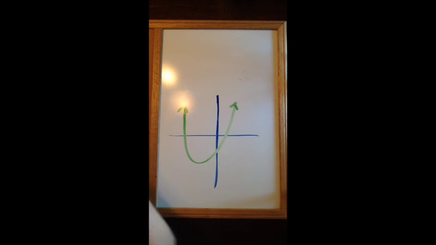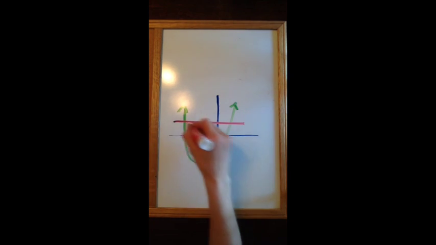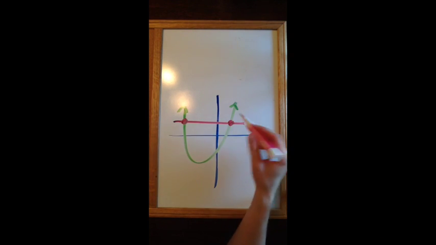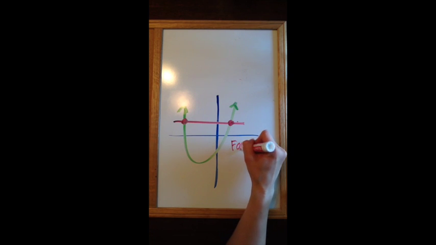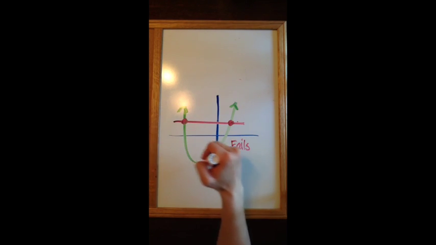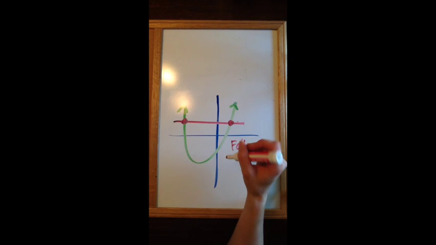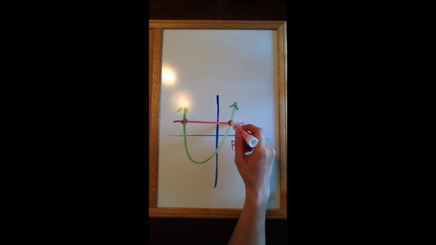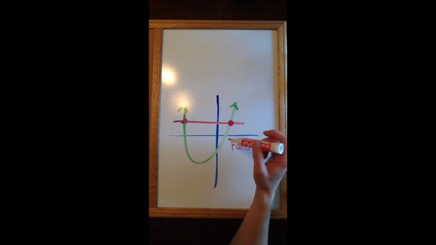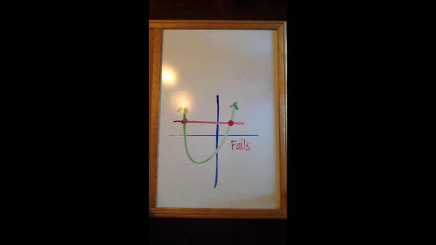Now, if I run the horizontal line test on it and draw a horizontal line, this pink line touches the green graph twice. So it fails the horizontal line test, which means that this parabola's inverse is not a function. Because it fails the horizontal line test, it also means that this function is not one-to-one, because it has to pass both the horizontal and the vertical line test in order to be one-to-one.